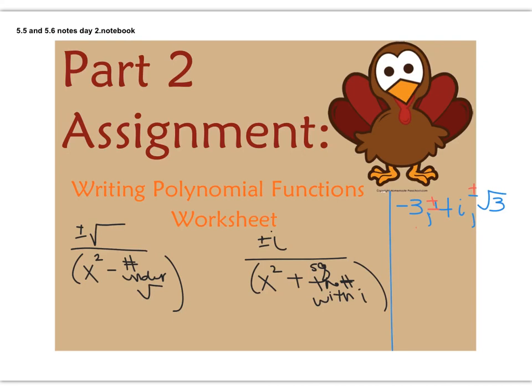So here's 1, 2, 3, 4, 5 answers, so that would be 5th degree. All right, so just take a look at how many answers you have. If there's a radical or an i, that's 2 answers because it's plus minus. Count up how many answers there are, and that's what the least degree would be, okay?